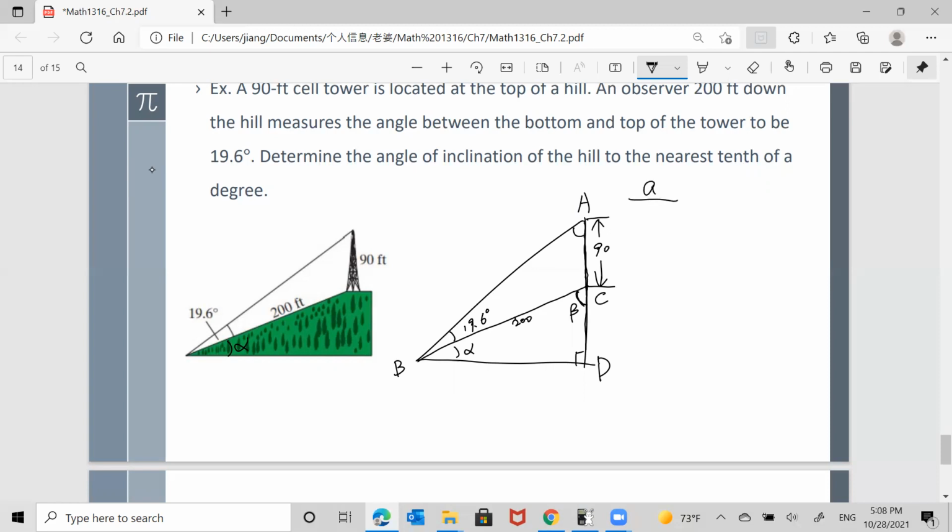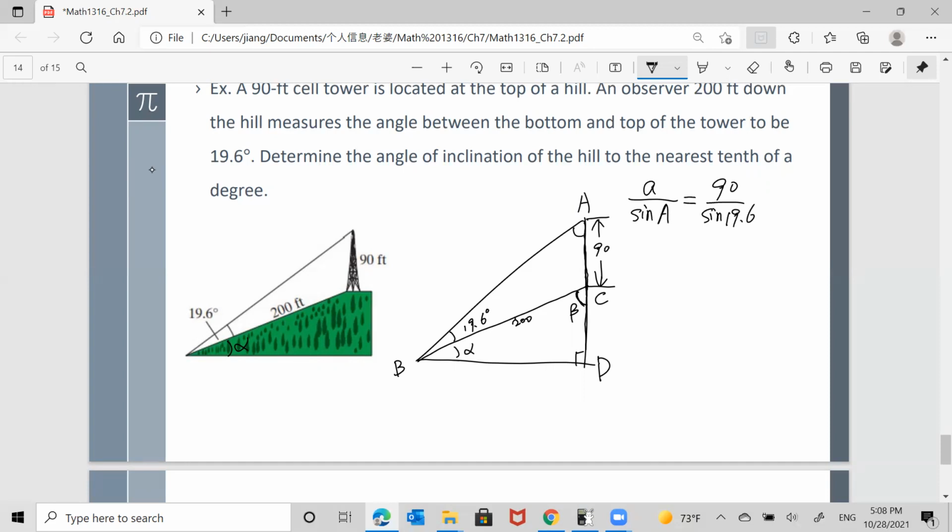The length a is 200, the opposite of angle A, over sine A, equals 90 over the opposite of 90, which is sine 19.6.